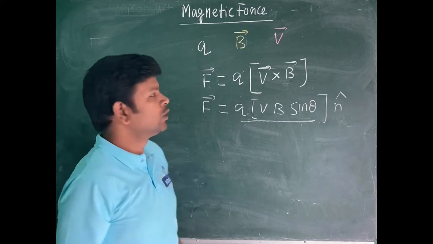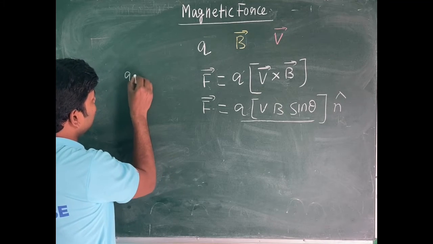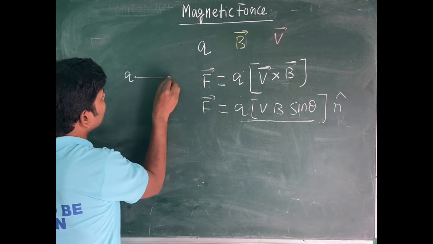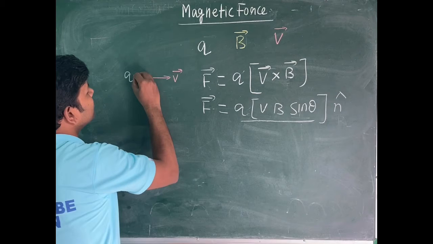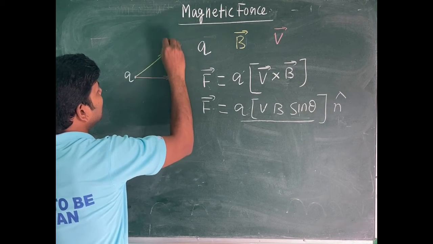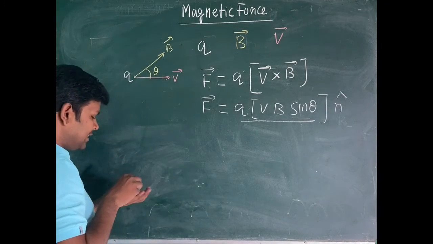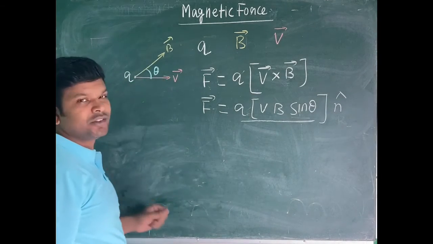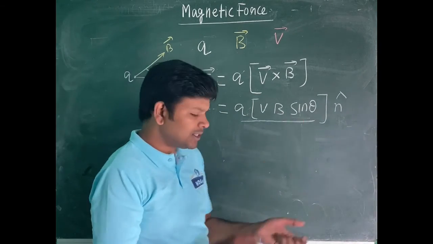So if we have a charge, this is the magnitude of charge. It is moving with velocity V in a magnetic field B, and this is the angle between the velocity vector and the magnetic field induction. Theta is the angle between magnetic field and velocity vector. Then F is equal to Q into V into B into sine theta.